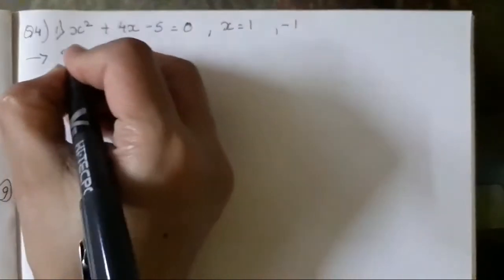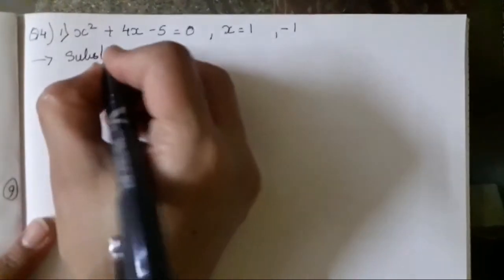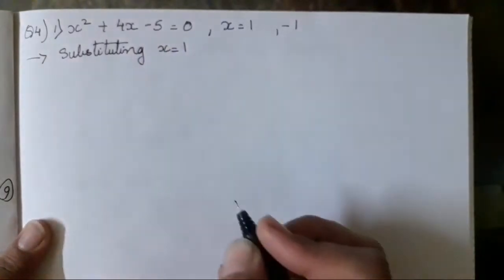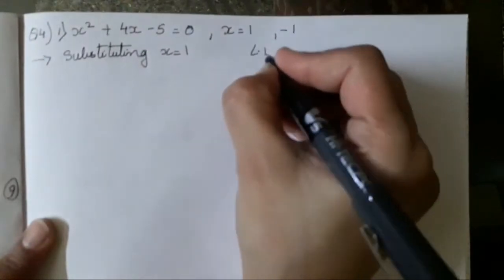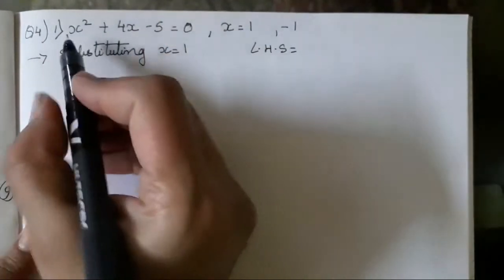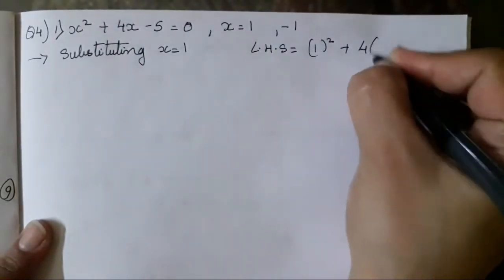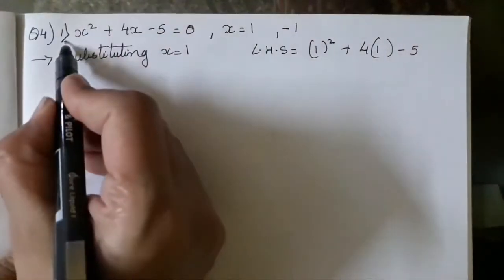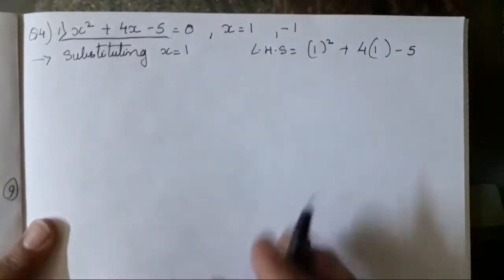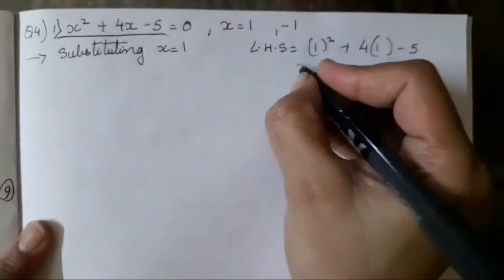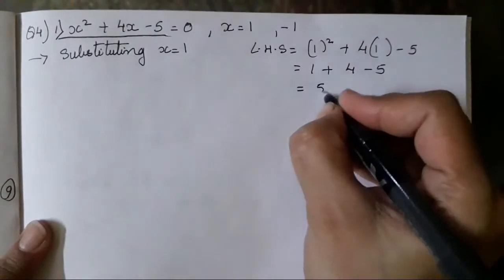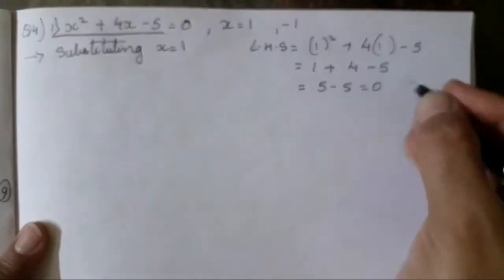So first, substituting x is equal to 1 in the equation. LHS, that is going to be 1 square plus 4 into 1 minus 5. Okay, left hand side means only this, the 0 we have not included. So the answer is going to be 1 plus 4 minus 5, which is 5 minus 5 is equal to 0.